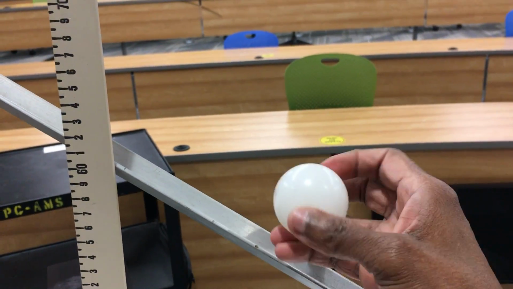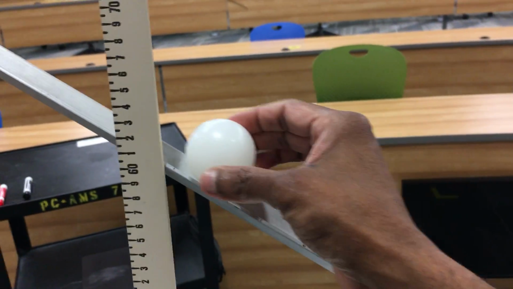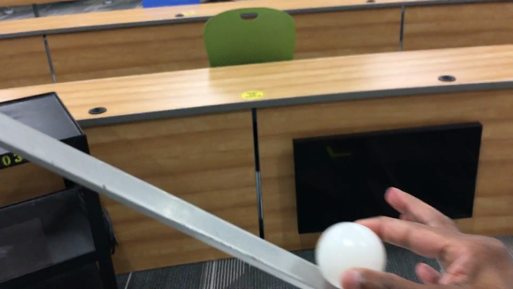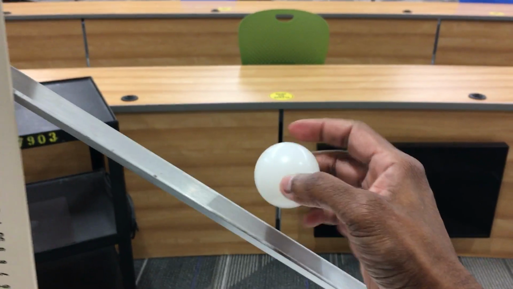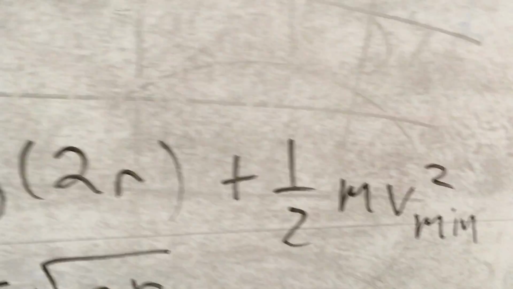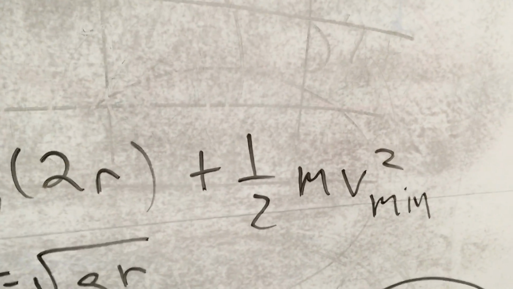So that's the mistake we made in our calculation. We only included translational kinetic energy. We didn't include rotational kinetic energy with the ball rolling, which means that in my equation, I need to massage this kinetic energy term.